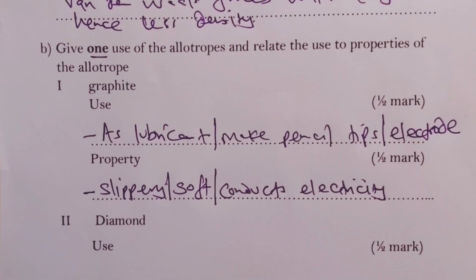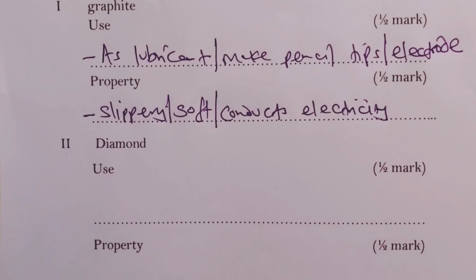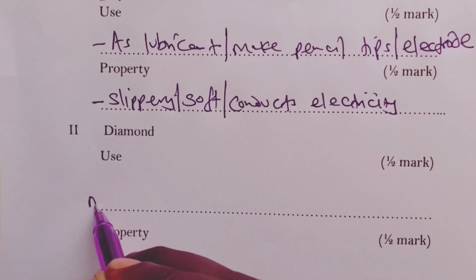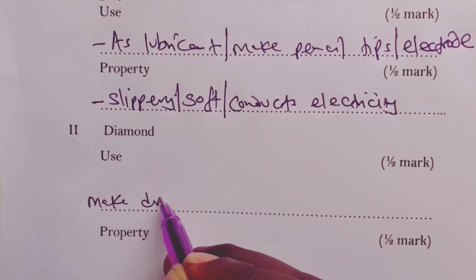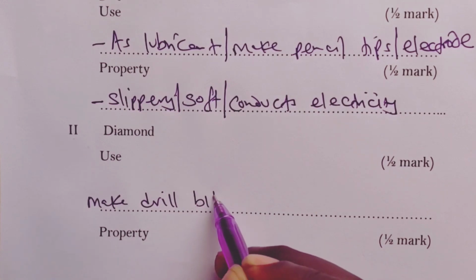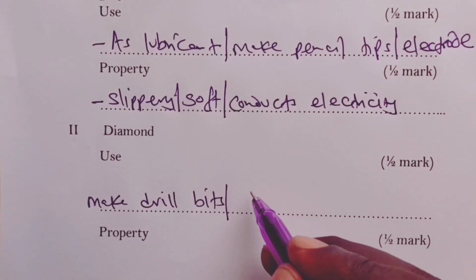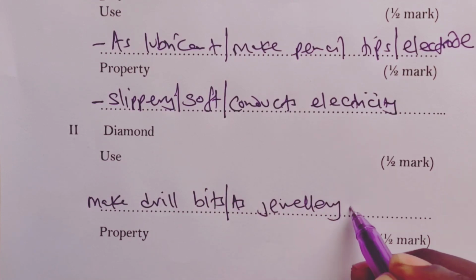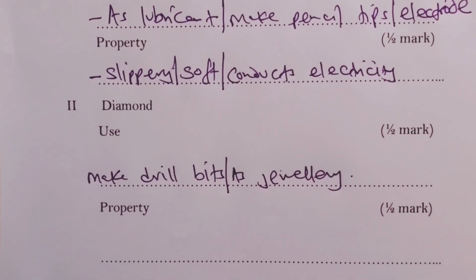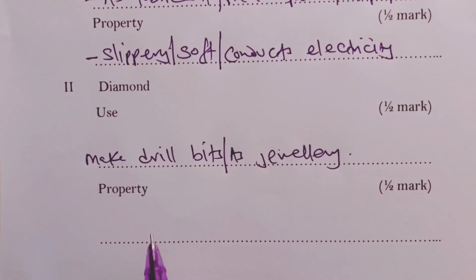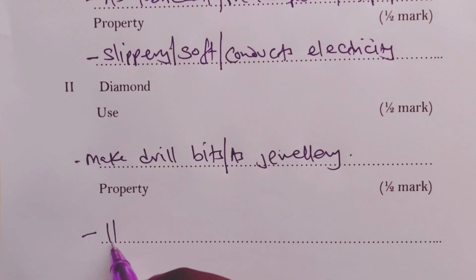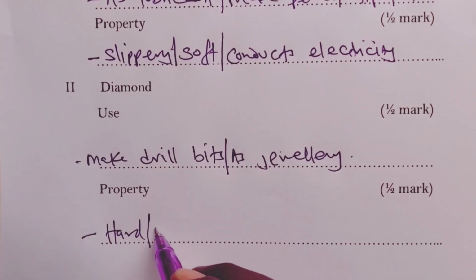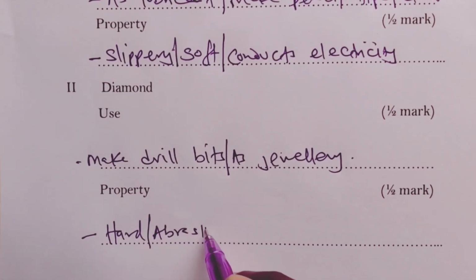For diamond, the uses would be as follows. We can use diamond to make drill bits. We can also use it as jewelry. Now, for the property, if a candidate went for the use of making drill bits, we would say that diamond is hard or abrasive.